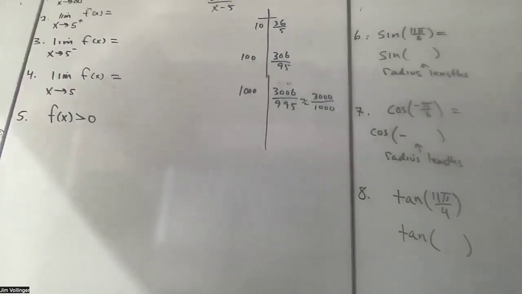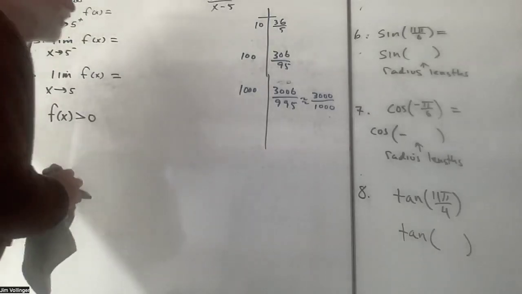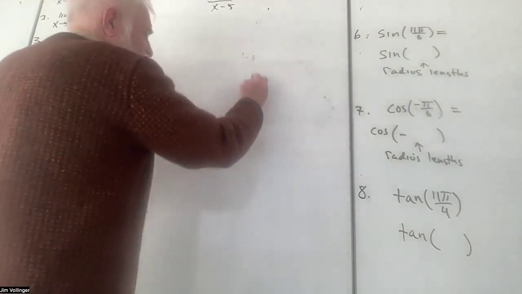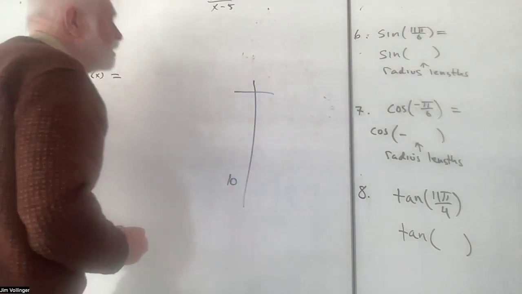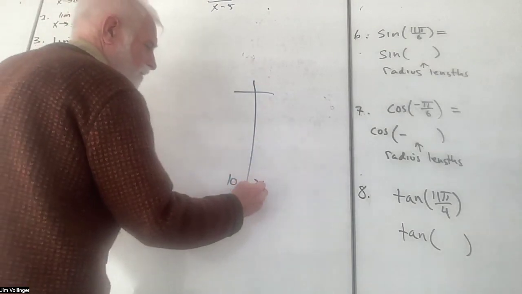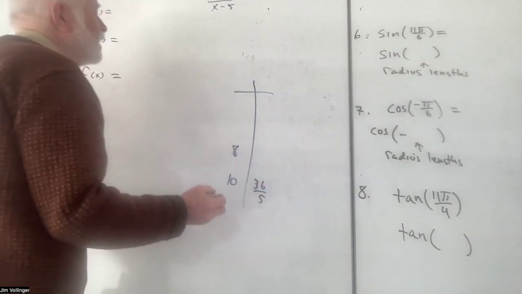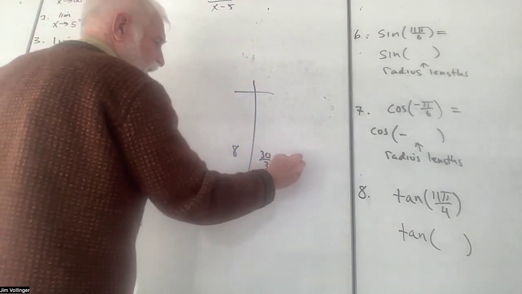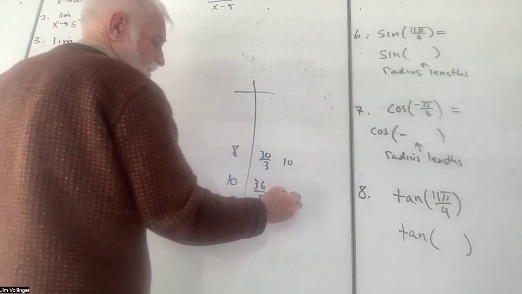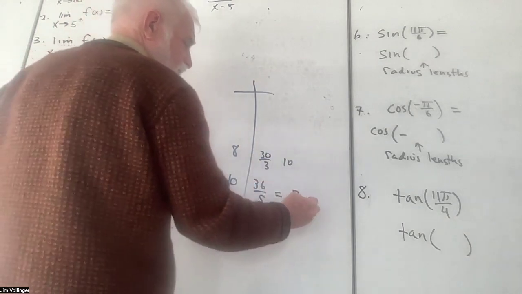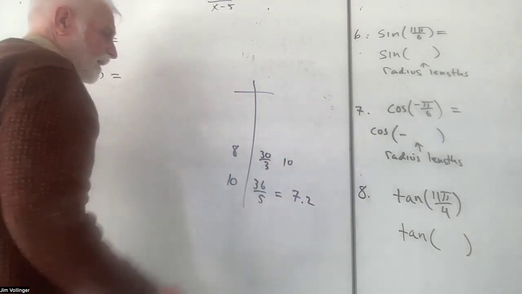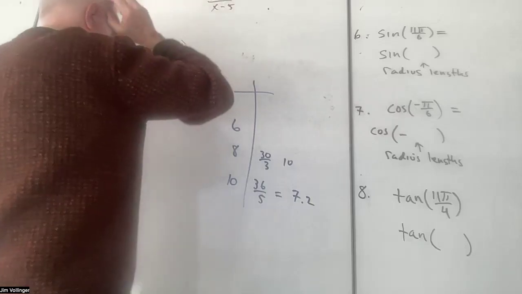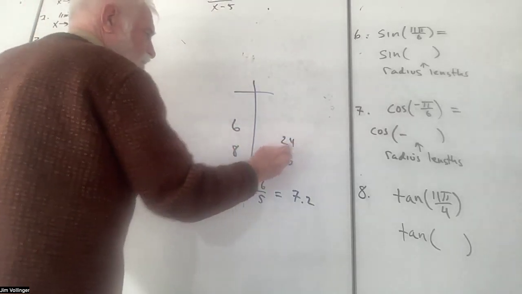Now, what happens when we want to go 5 to the right? I've started that right now. We already know that 10 got us 36/5, which is 7.2. Let's go to 8. 30 divided by 3 is 10. How about we go to 6? 18 plus 6, 24 divided by 1, that's 24.